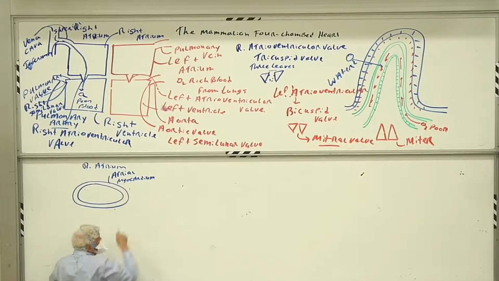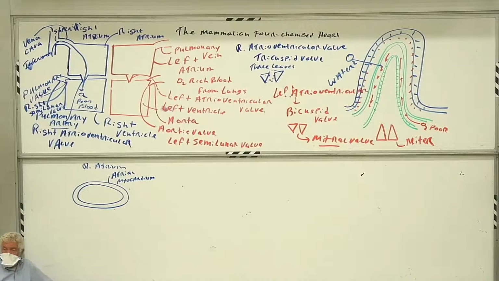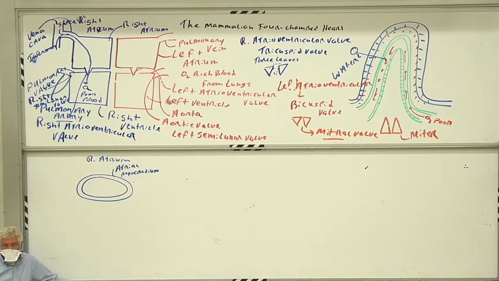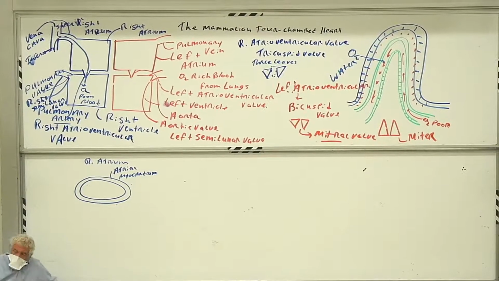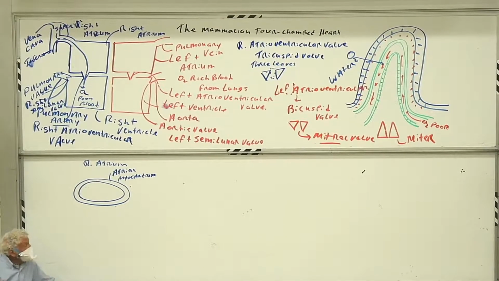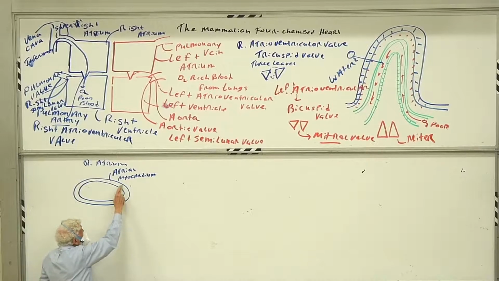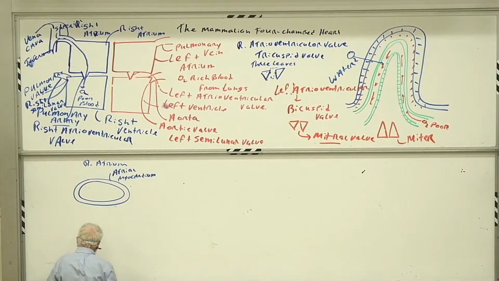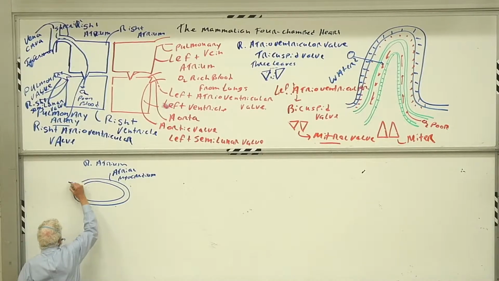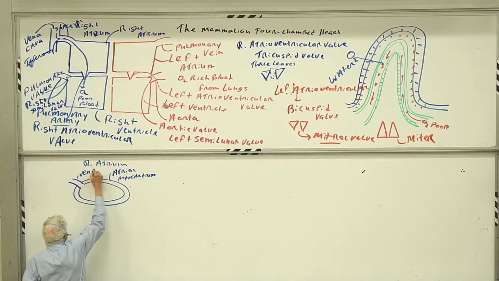Now there's meaning in this term myocardium. Myo means muscle. It's the muscle of the heart. So surrounding these chambers, surrounding the opening, is this wall of muscle. This is going to be the atrial myocardium. The blood flow in, as we showed above, will be through the vena cava.